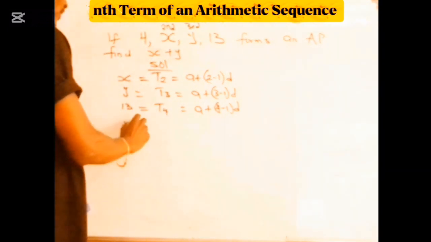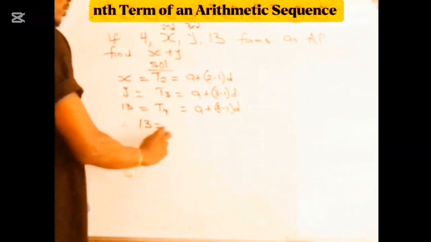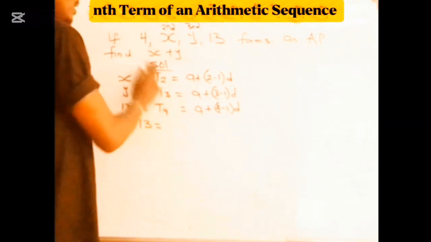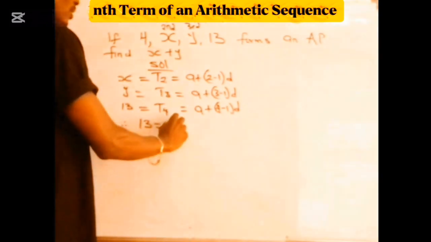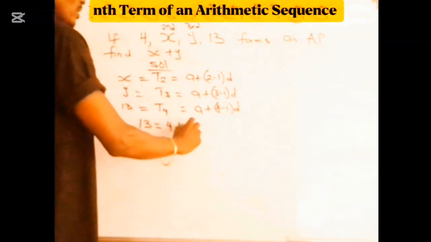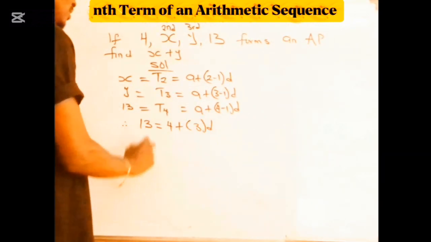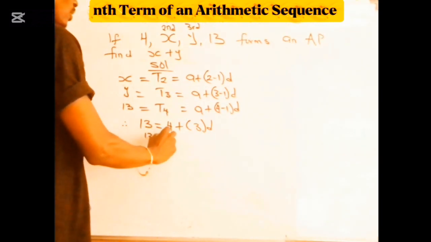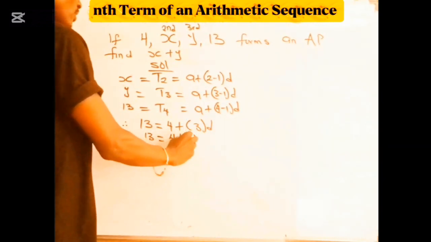Therefore, 13 will be equal to A, which is 4, plus 4 minus 1, 3D. So 13 will be equal to 4 plus 3D.